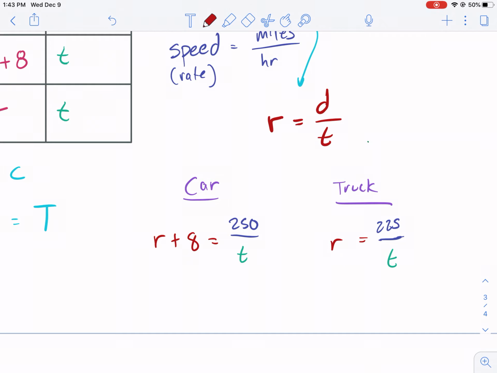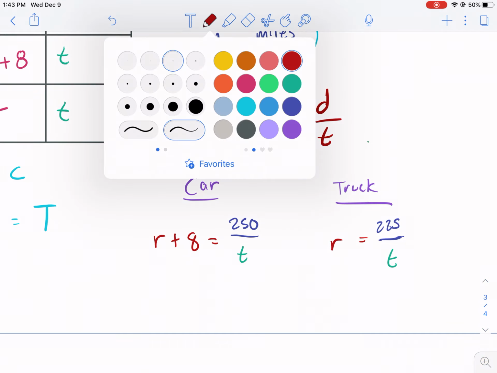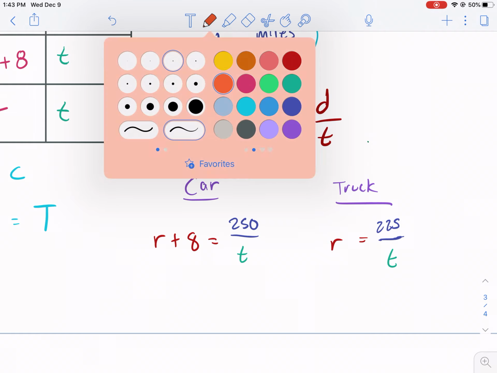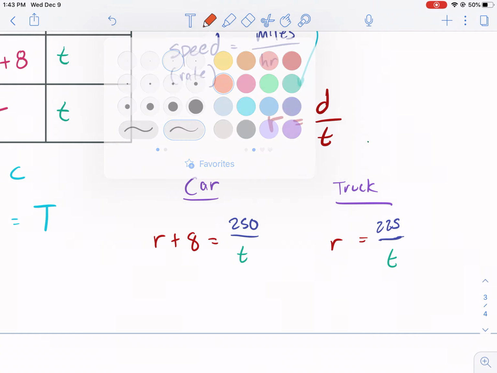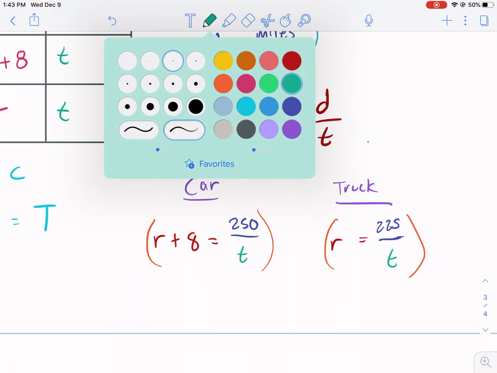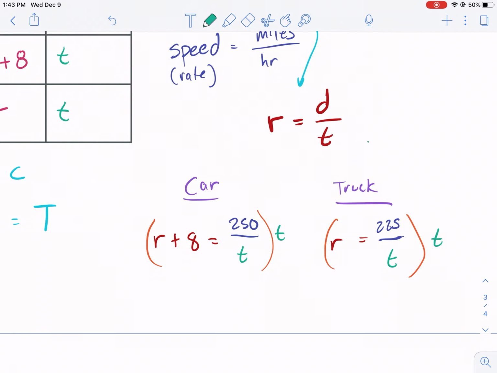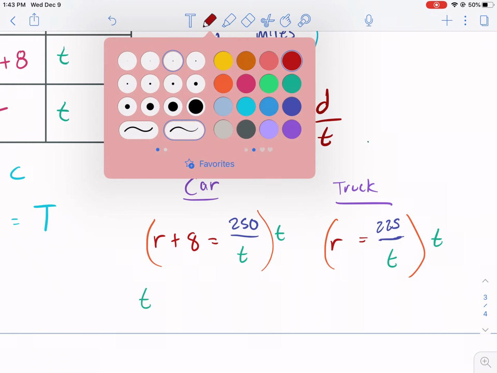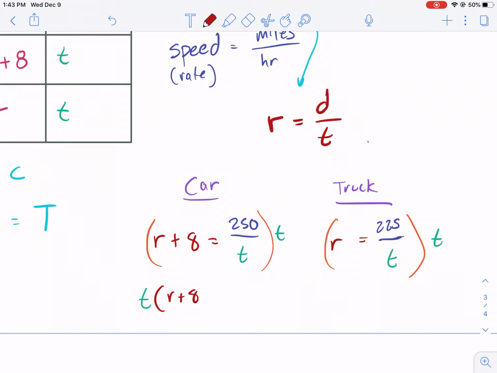Well, one thing you can do is get rid of the variable in the denominator. You should definitely do this by multiplying both sides by T in both these equations. That will get rid of the denominator. We're going to get T times (R plus 8), you've got to keep it in parentheses like that, equals 250.